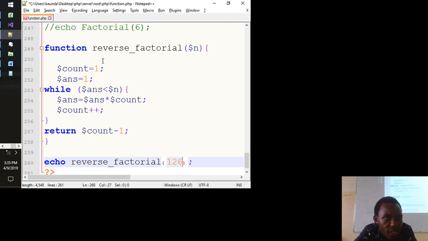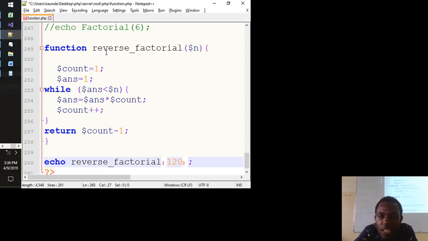We know 5 factorial is 120, and 6 factorial is 720. So which factorial is this? You tell me, okay, that factorial gives this, which is closer to the number, but there will be a remainder. That is what we want to achieve.